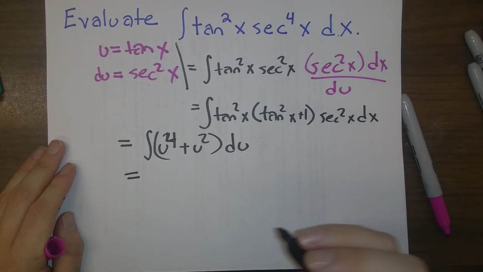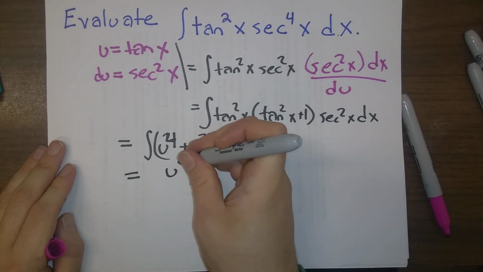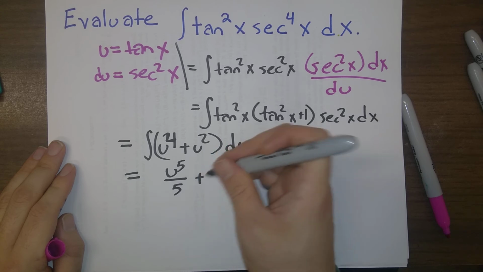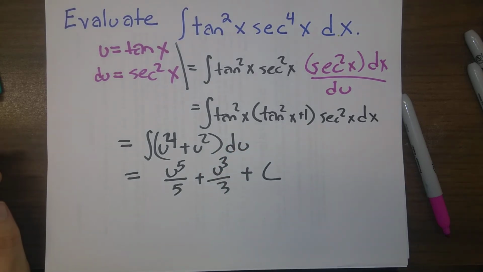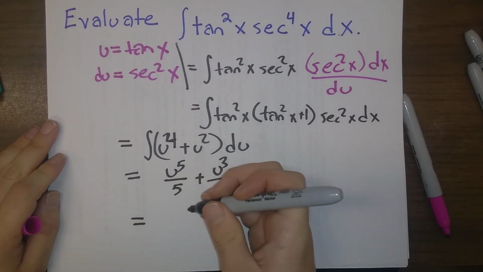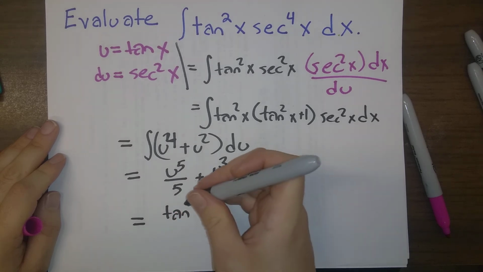And when we carry out this integration, we get u to the 5th over 5 plus u cubed over 3 plus c. And just as before, our final step needs to be to replace our u's with tangents.